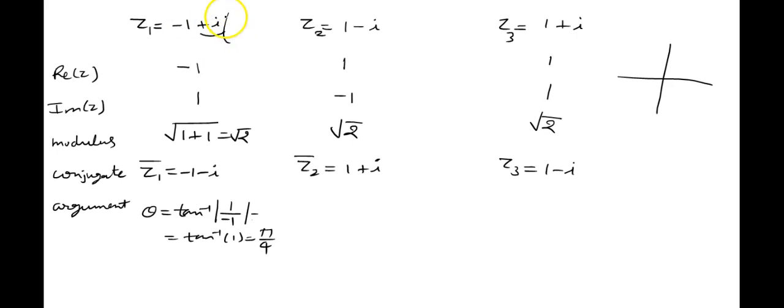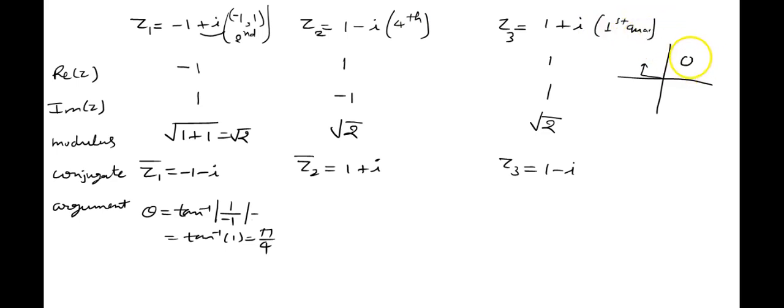If I write it in coordinate form, this is (-1, 1), x is negative and y is positive. So this is lying in the second quadrant. For this, x is positive and y is negative, so this will lie in the fourth quadrant. And for this one, this is going to lie in the first quadrant.